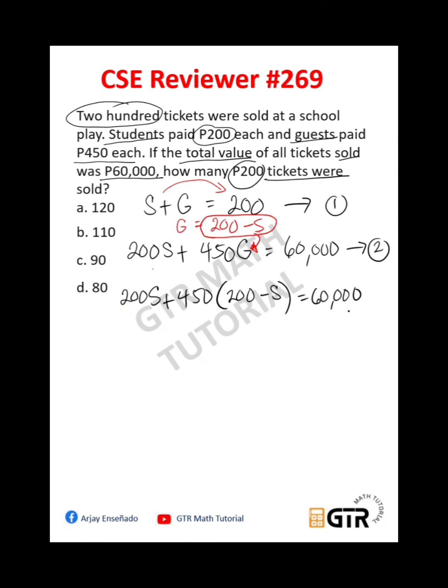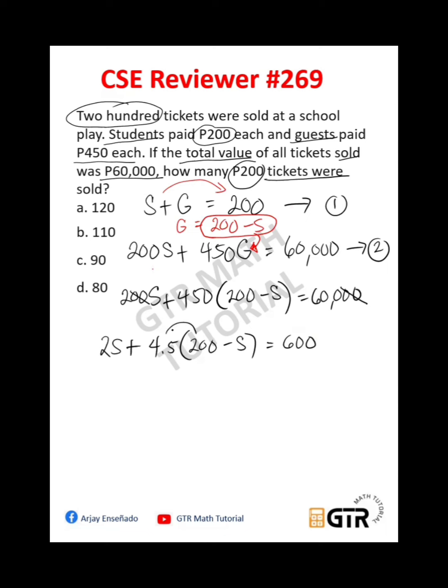So divide all by 100, cancel the two zeros, and then we have only one zero here. So we can move the decimal point. This will be 4.5. Therefore, we have 2S plus 4.5 times 200 minus S, equal to 600.